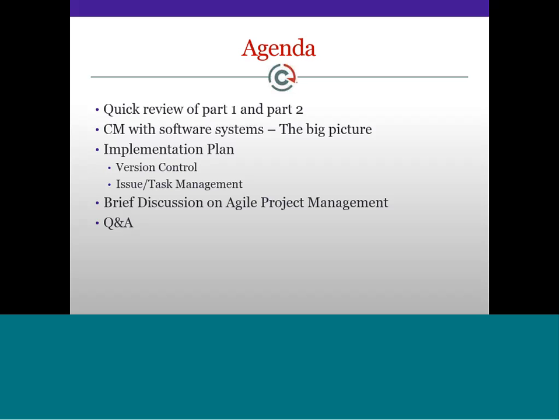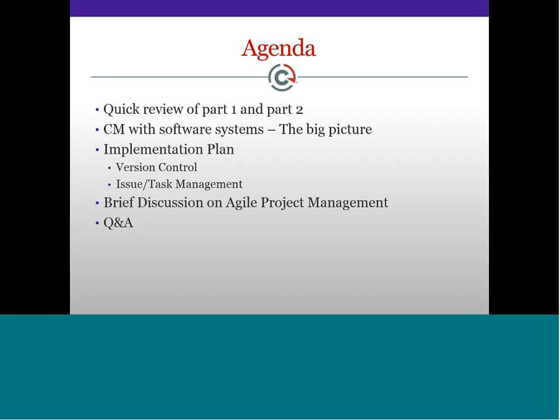Then we are going to talk about the implementation plan, how we actually achieve what we are talking about. And then there would be a brief discussion on Agile project management techniques. It might feel a little bit odd here, but bear with me, it will make sense as we get to that topic. Then we can move on to the Q&A sections if you have any questions.